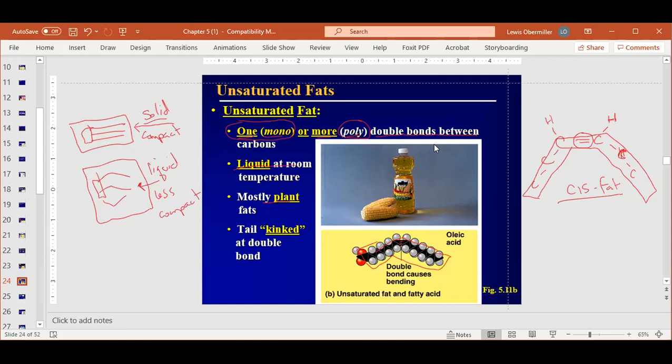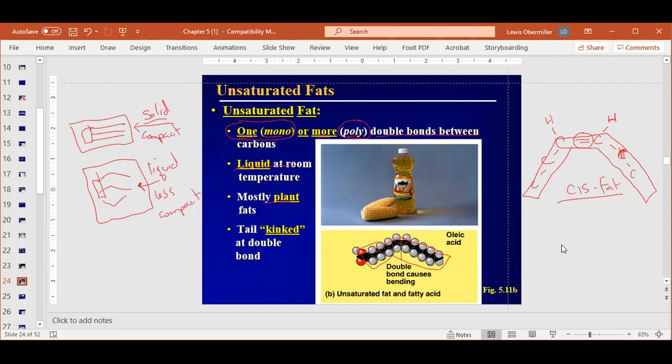People that make things that they want to be more solid at room temperature, like butter and stuff like that, they want to take the liquid oil of unsaturated fats and turn them more solid. So there's ways to do that.